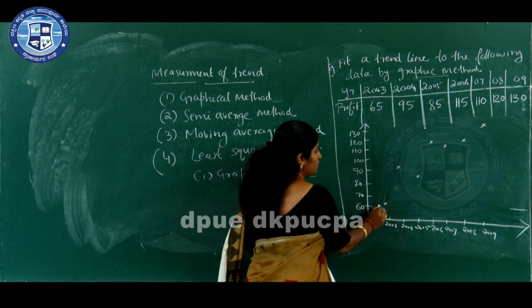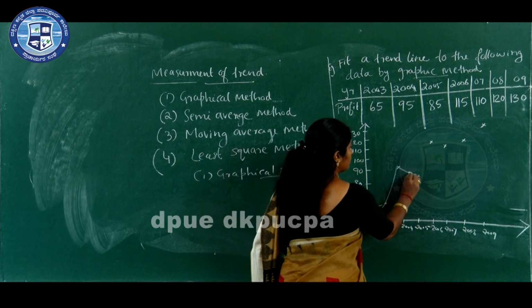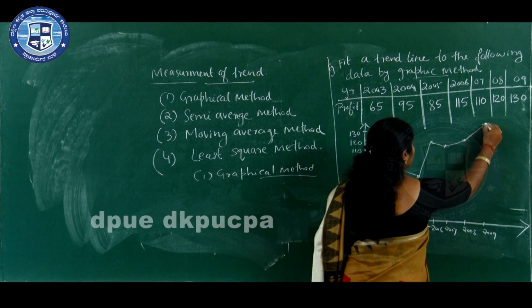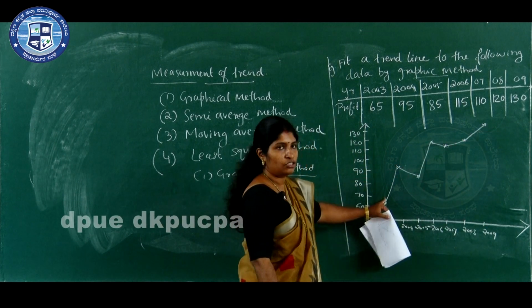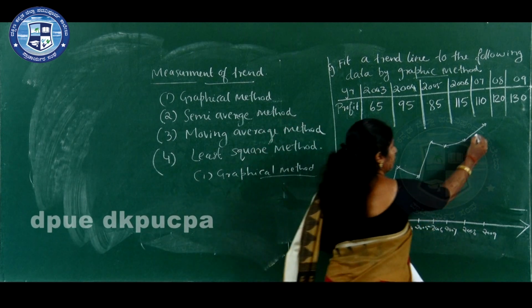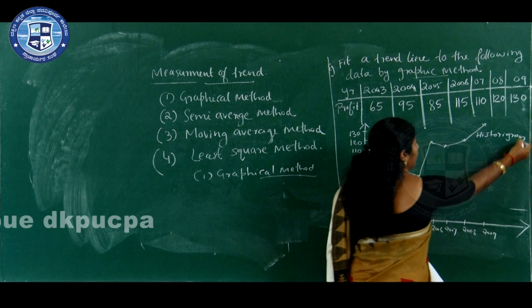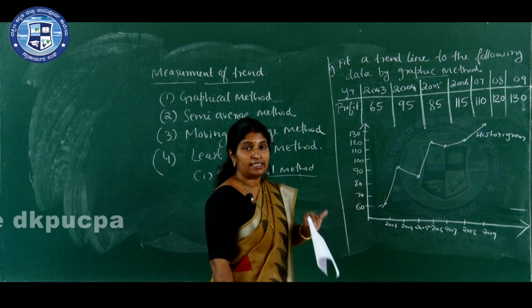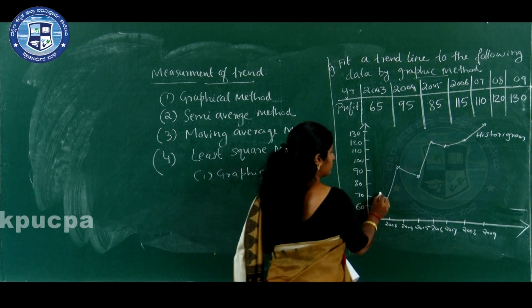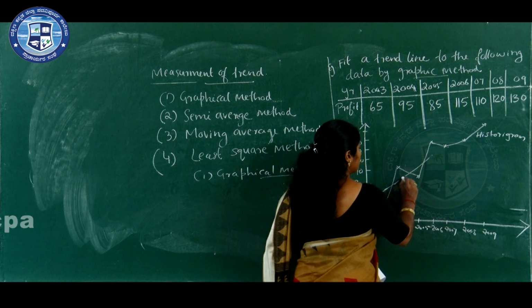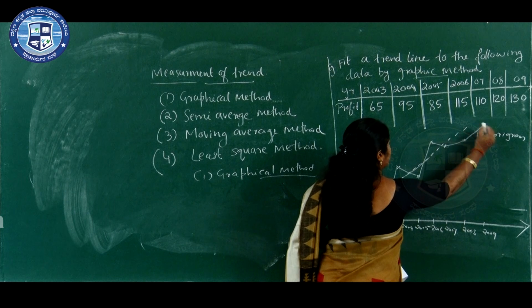Now, join the points. This line is known as the histogram. Next, you have to mark the trend line, as a dotted line like this.